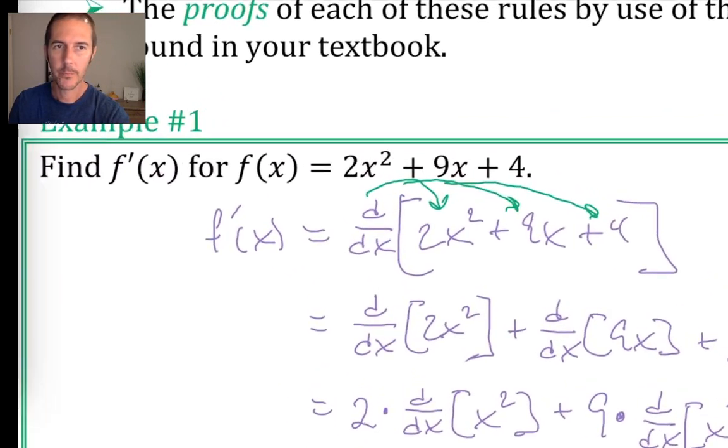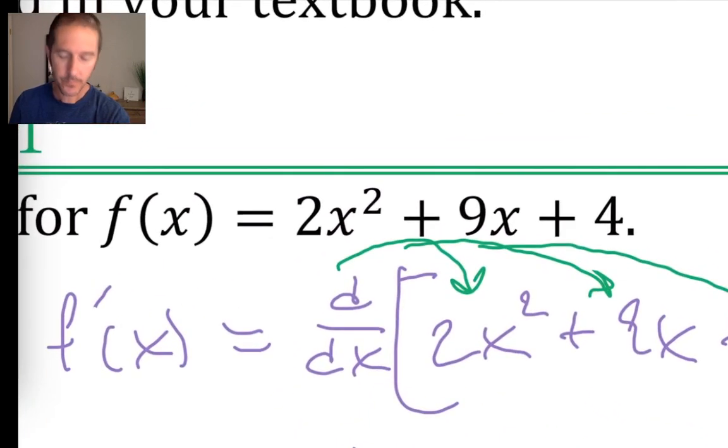Check this out. What's 2 times 2? 4. What's 2 minus 1? 1. X to the first power, nobody writes that. Plus, what's 1 times 9? How about 9?